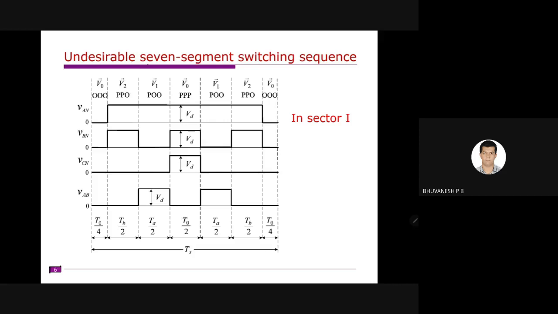So I followed another pattern. If you notice, in A phase you have one switching, but in B phase you have 3 switchings, and C phase you have another switching, right? So here you have one switching, here 3 switchings, and here only one switching, right?